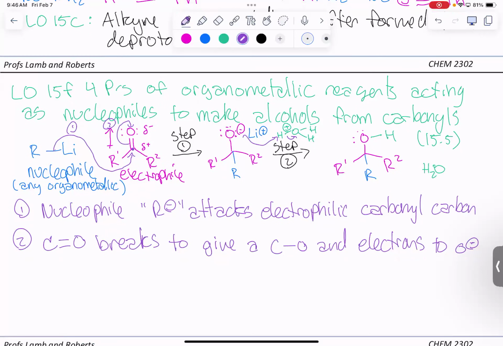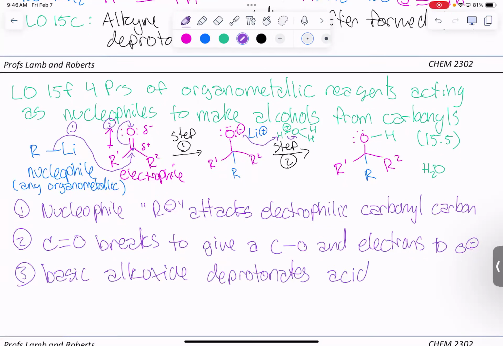Right, so that means step three is our basic alkoxide deprotonates acid in a separate step. I'll say acid or water. So we would call this a workup step.